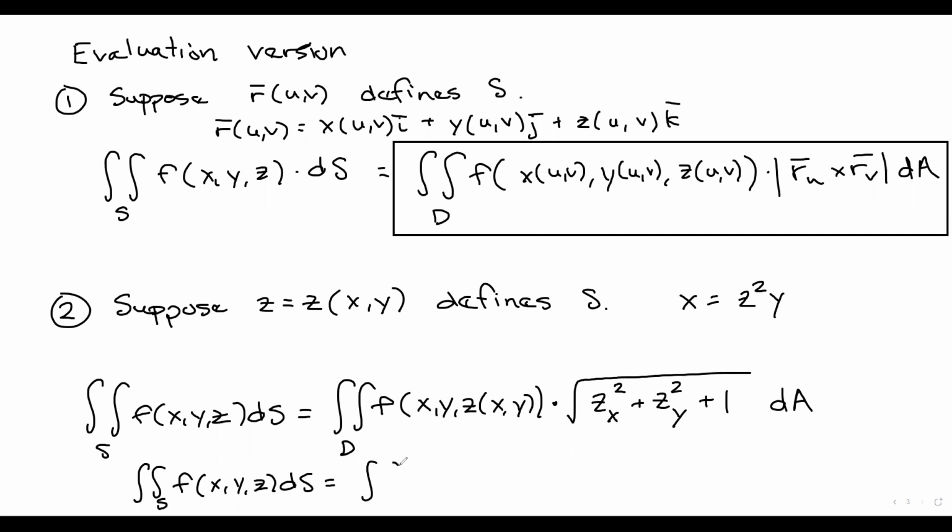All right, so if X is the variable that's by itself, then where the X is, that's where we're going to end up putting our function. So we're going to have X of Y comma Z, and then Y and Z will stay as they are. And then here, instead of this format, we'll have 1 plus X differentiated with respect to Y squared, X differentiated with respect to Z squared.